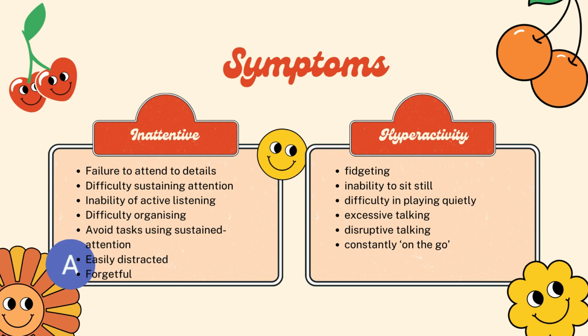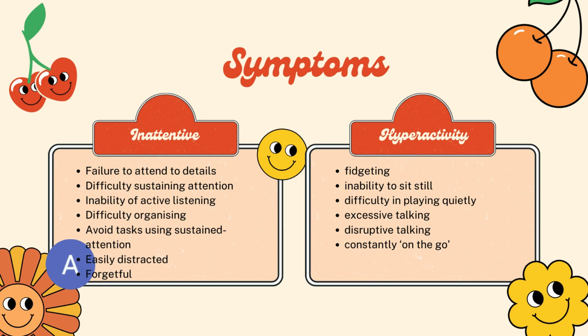Next is the hyperactivity symptoms. So, what is hyperactivity? Hyperactivity can be seen in children through their constant fidgeting of hands, fidgeting of legs. This can also be seen as an inability to sit still.